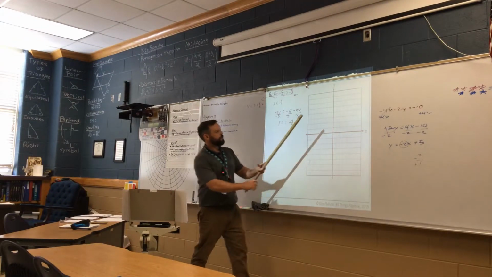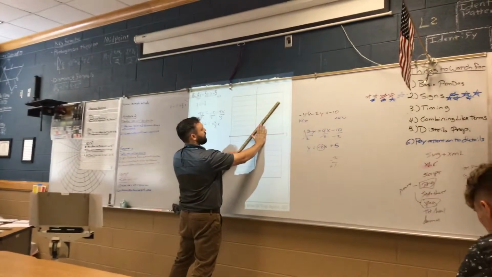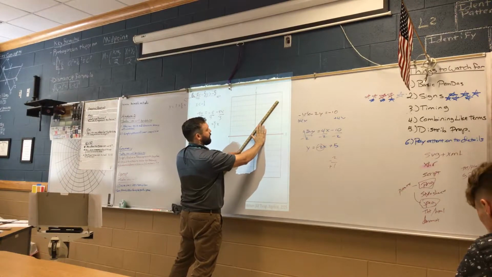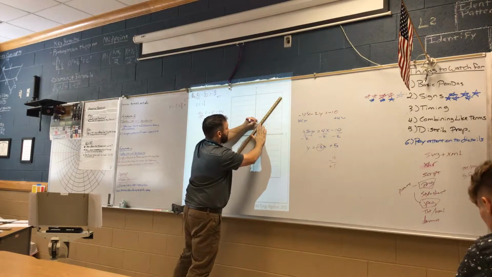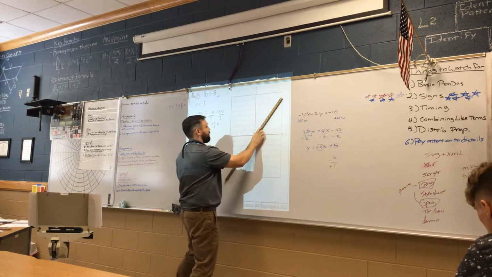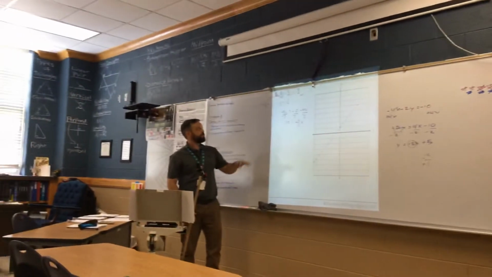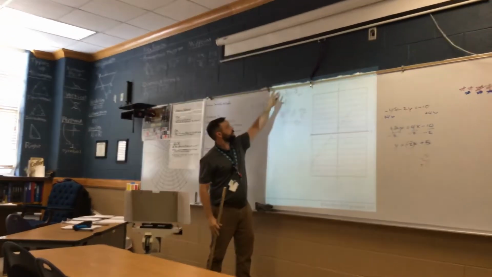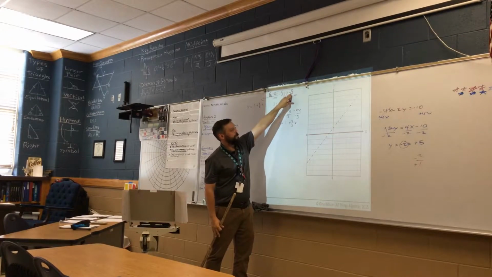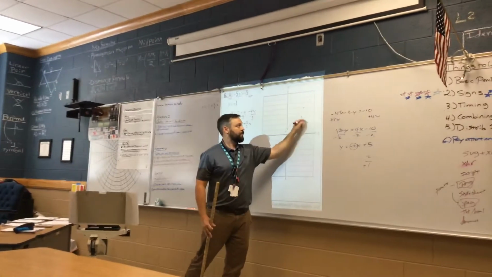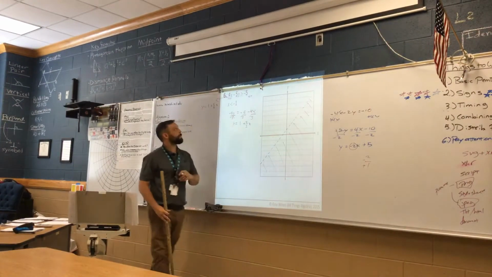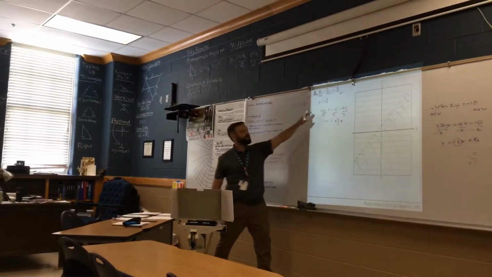So that's dashed again. So test 0, 0. Is 0 greater than negative 5? Yes. So it's shading this way. And then what does this line look like, though?